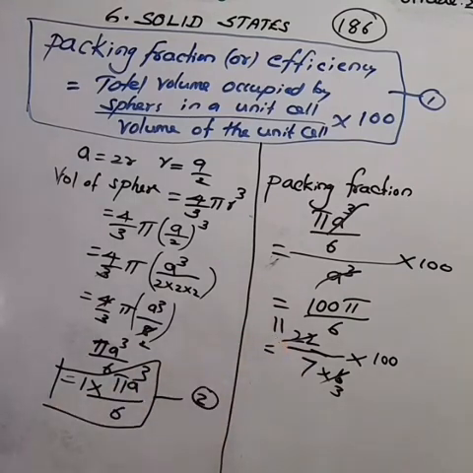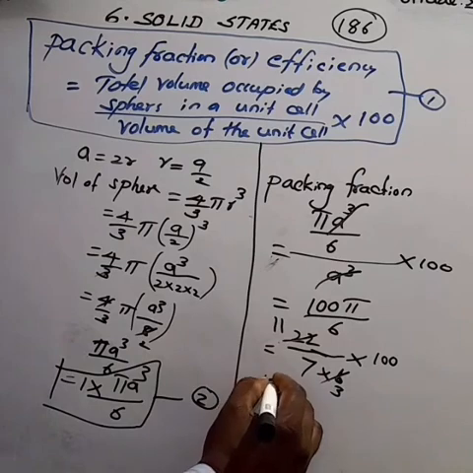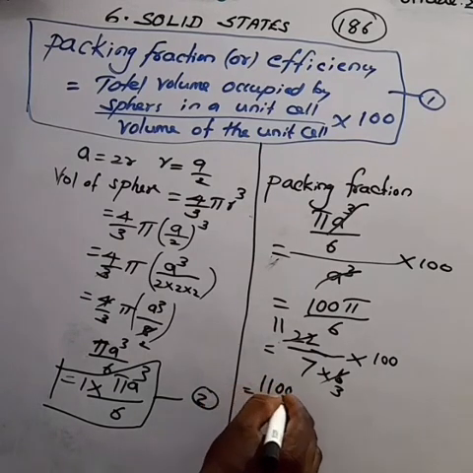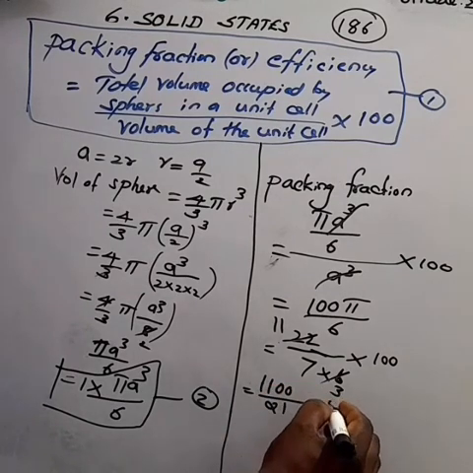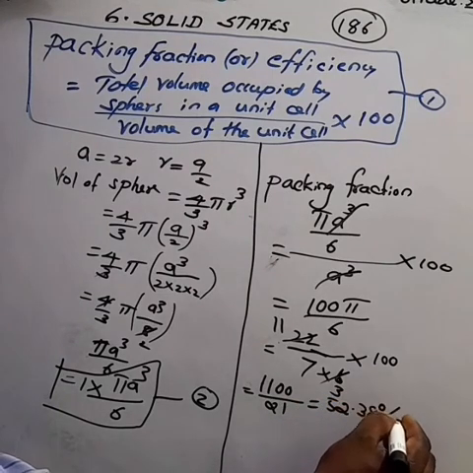So 100 into 11 is equal to 1100, divided by 7. 7 threes are 21. If I divide, I get the answer 52.38%.